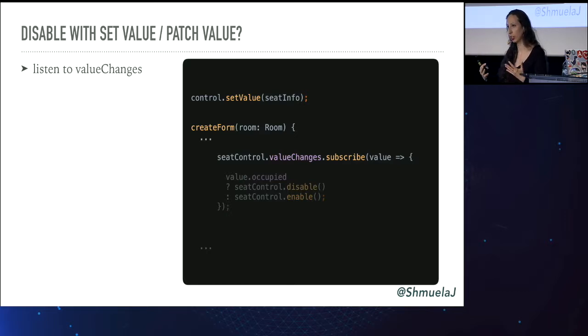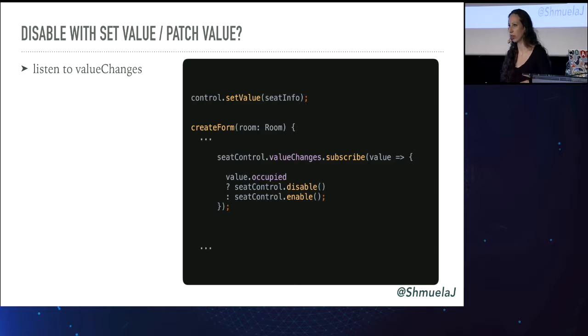It emits a change. So you actually subscribe to value changes that we have on the control or on the form. And whenever the value changes, whether the user has done this or it's programmatically, then this callback is called.